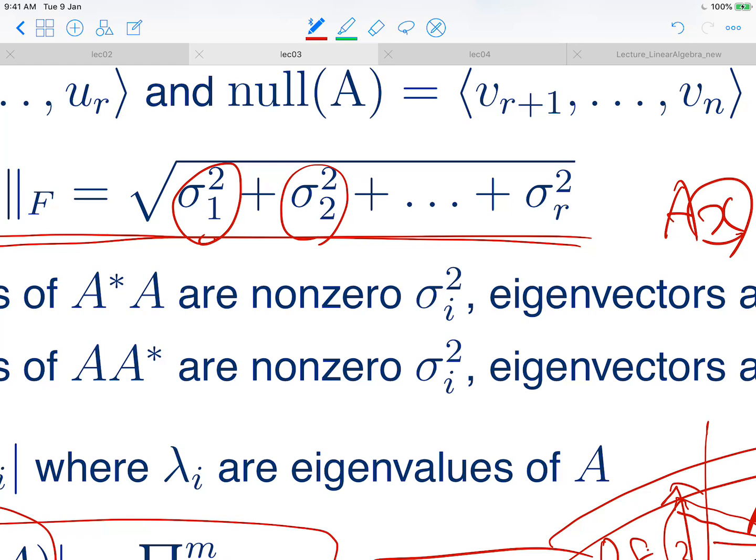Once we obtain each of these new vector coefficients, the coefficients with respect to the new basis of V, and then we do the diagonal scaling, then when considering their L2 norm, those singular values will be squared and then added together to form the new vector norm.